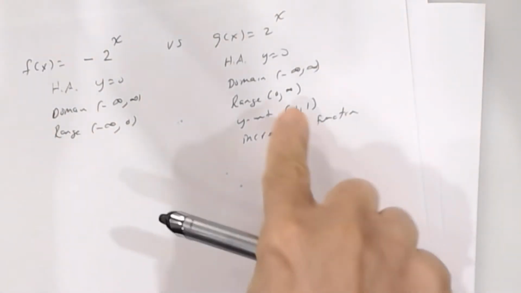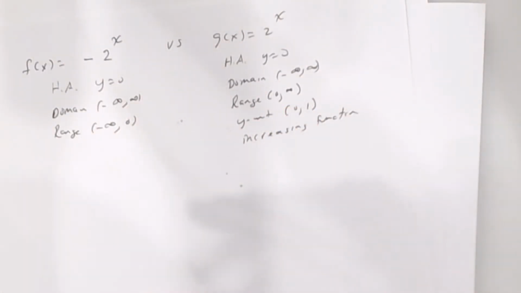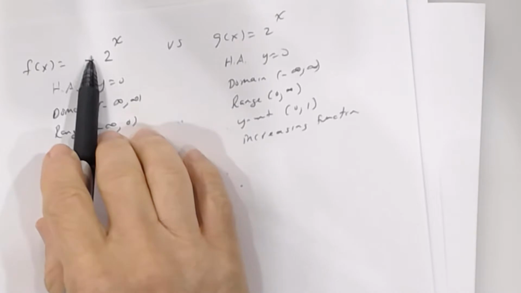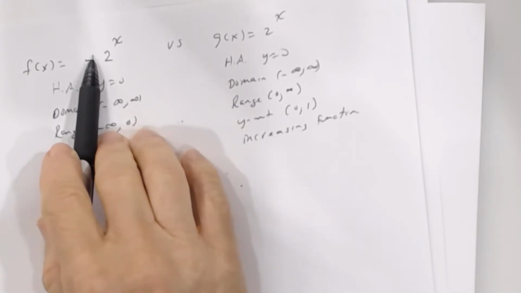So notice in some cases, it's not always 0 to infinity. It's not always the horizontal asymptote to infinity. It could be from negative infinity to the horizontal asymptote, depending on if the graph is above or the graph is below. So if there's a negative out in front, the graph will always be located where? Below the horizontal asymptote.